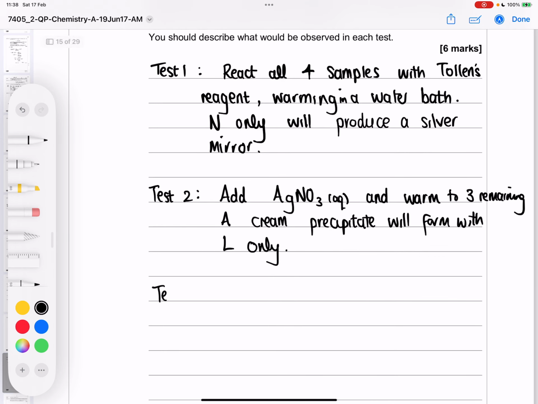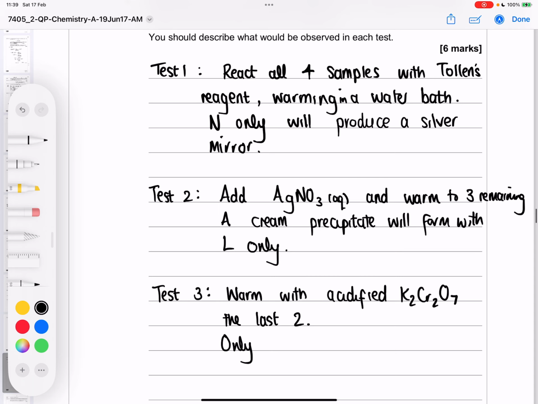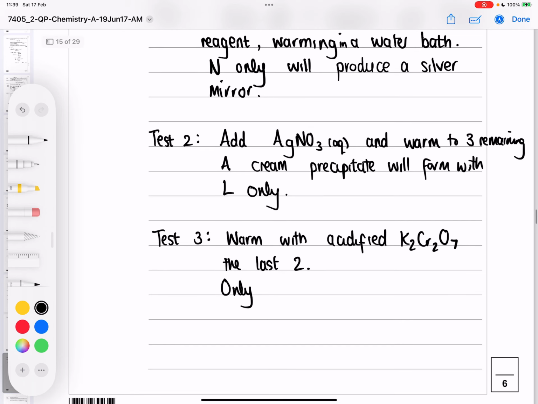So I could do test 3, find the one with the alcohol. We're going to warm with acidified potassium dichromate, and then only the very first one, K, will turn from orange to green.